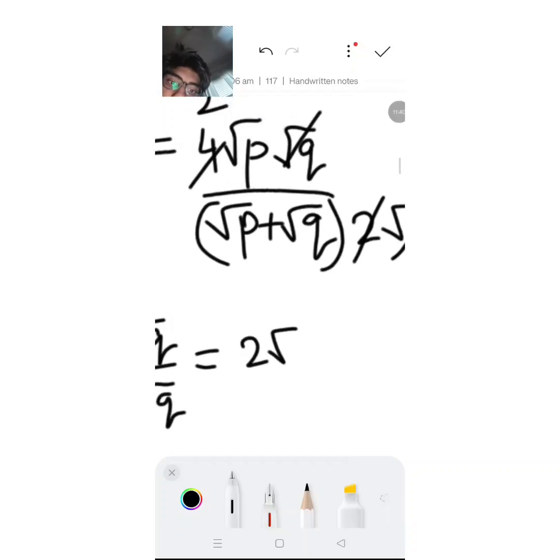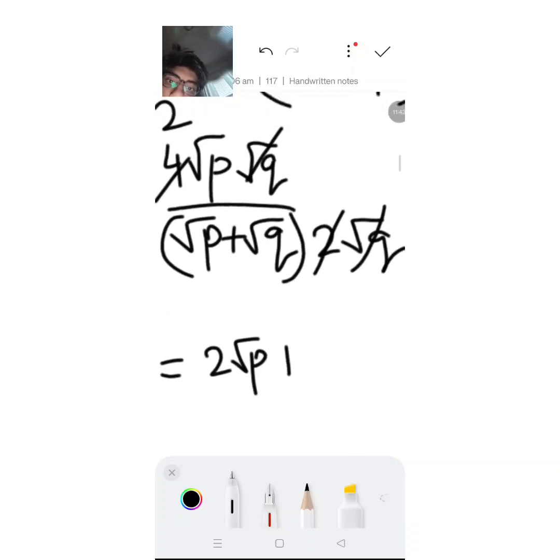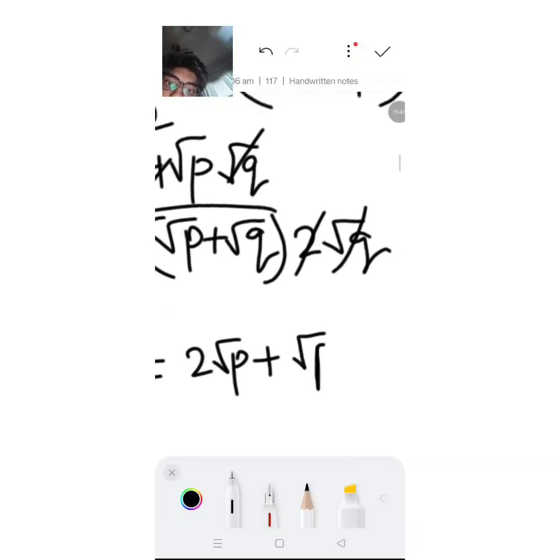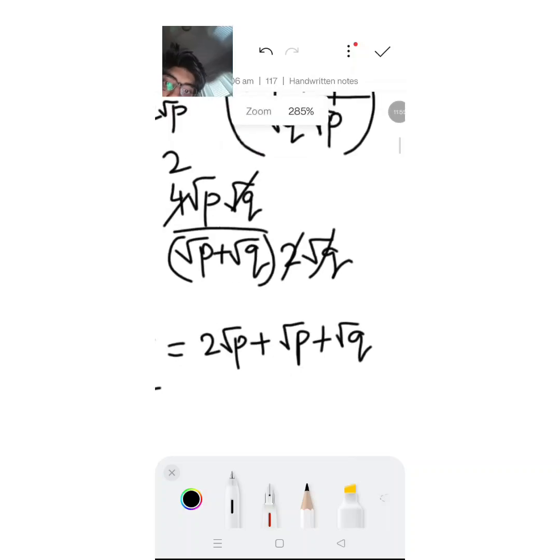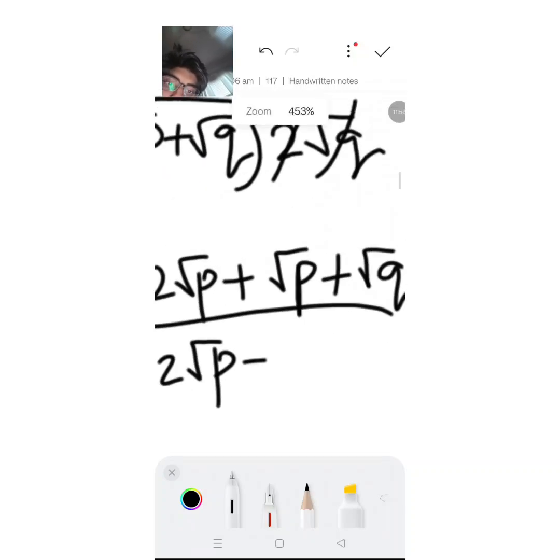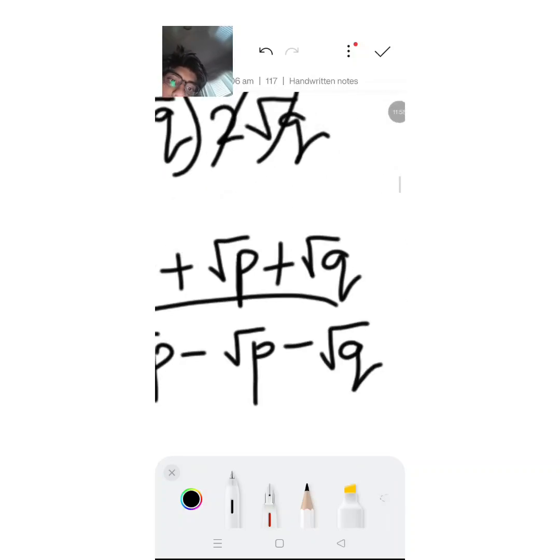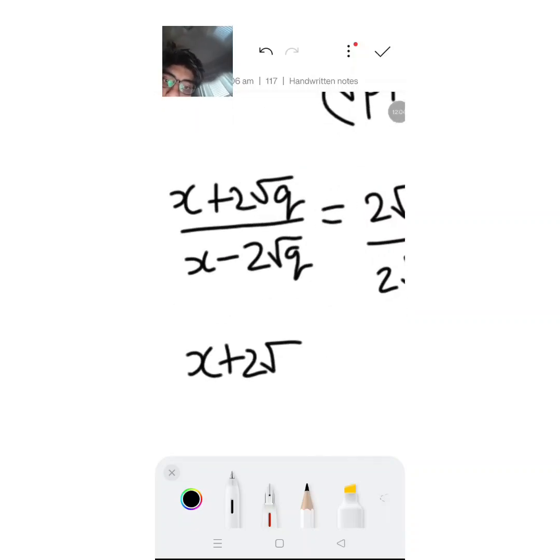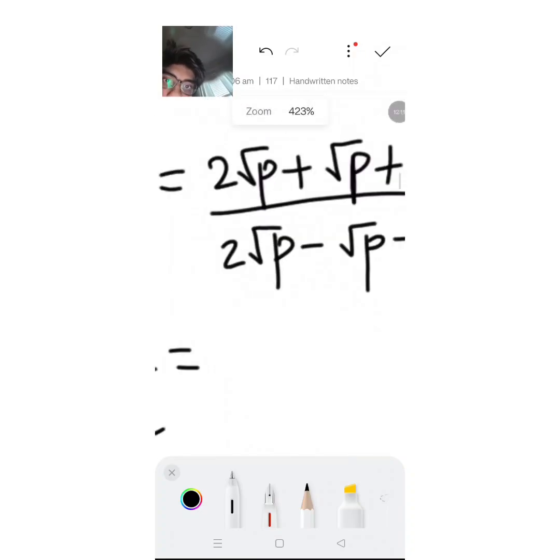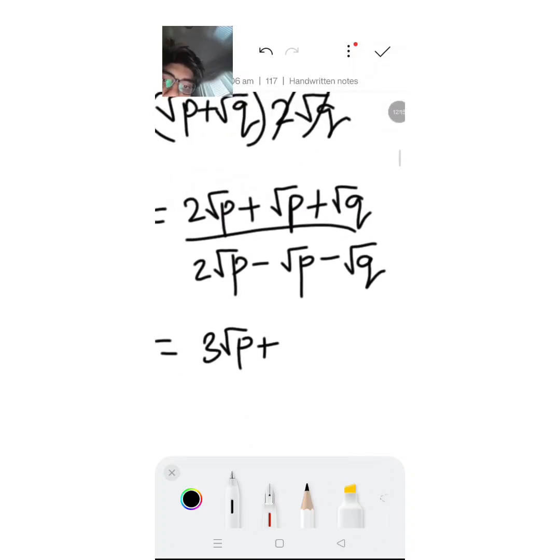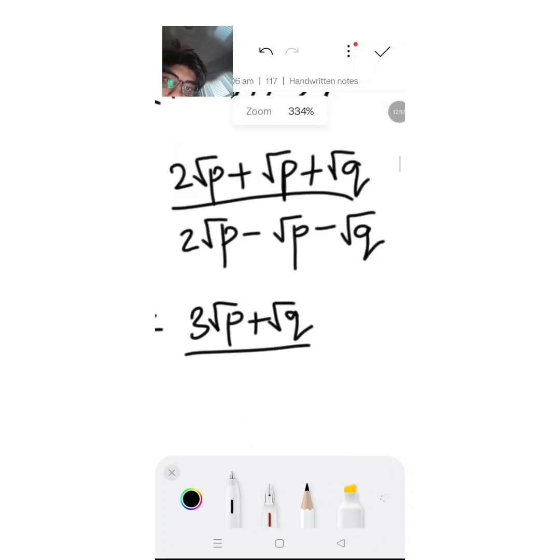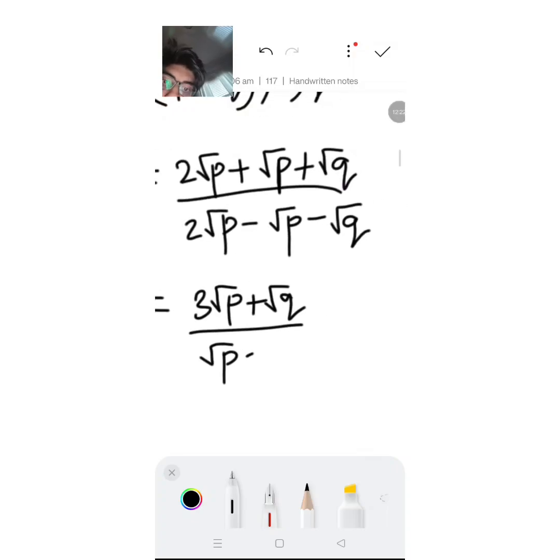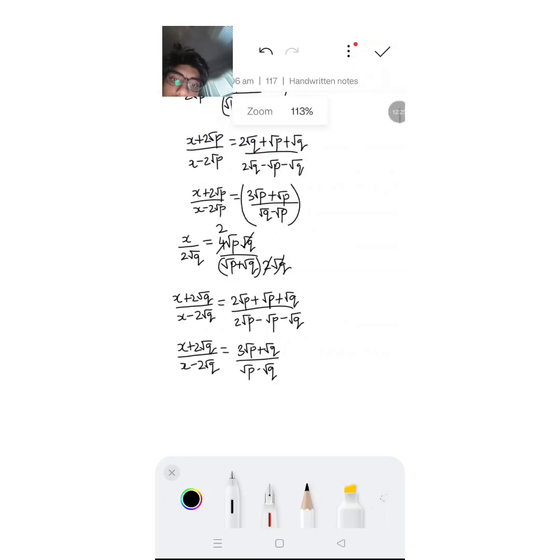So this is 2 root p plus root p plus root q over 2 root p minus root p minus root q. 2 root p plus root p is going to be 3 root p. So (x plus 2 root q) over (x minus 2 root q) would basically be (3 root p plus root q) upon, this time, root p minus root q.